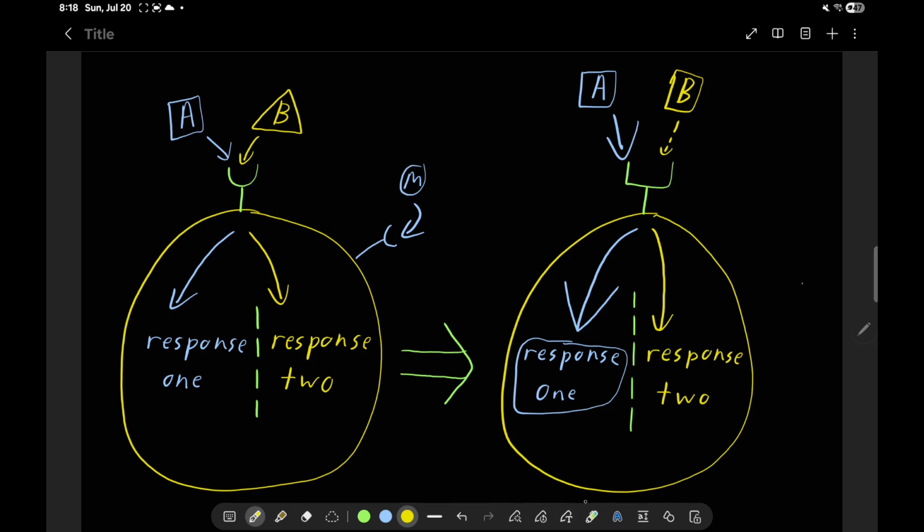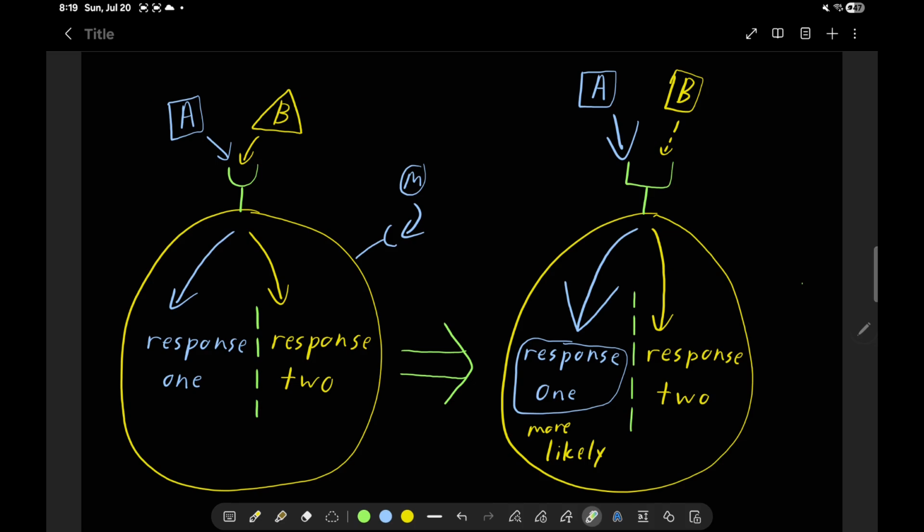So this means that agonist A is more likely to bind and stay onto your receptor as opposed to agonist B. And therefore, the response that is caused by agonist A may be more likely to take place.